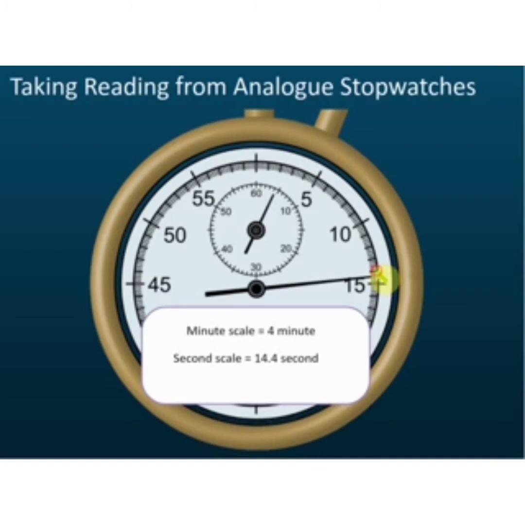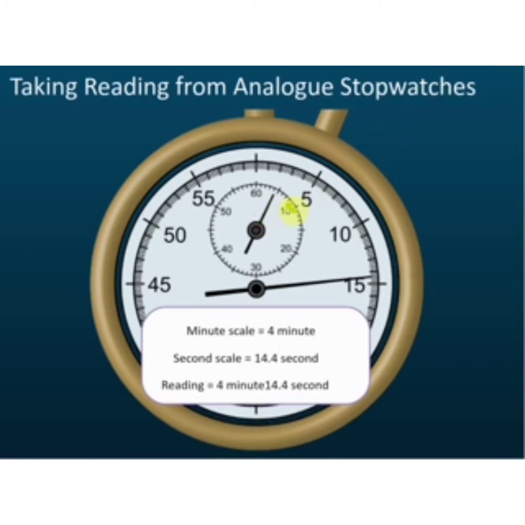So 14, 14.2, 14.4. Even though this is 2 units, each one is 0.2 second. So the second scale shows 14.4 seconds. So the total time is 4 minutes, 14.4 seconds.